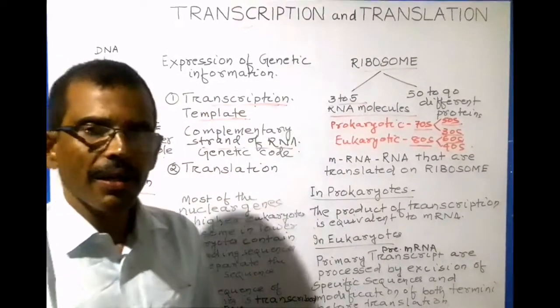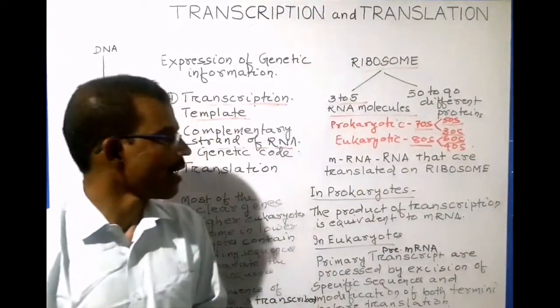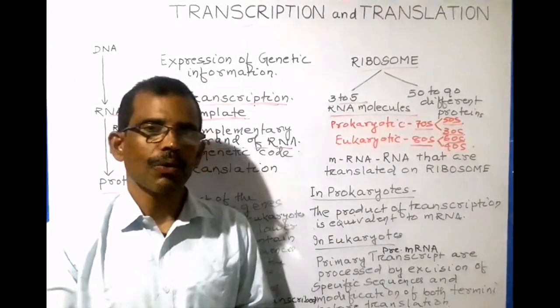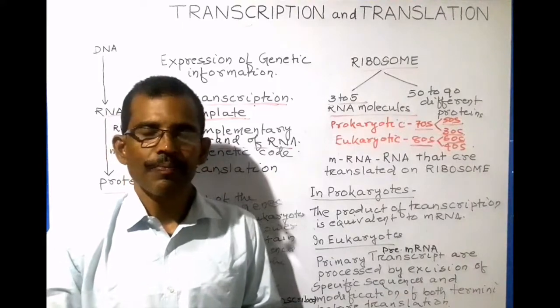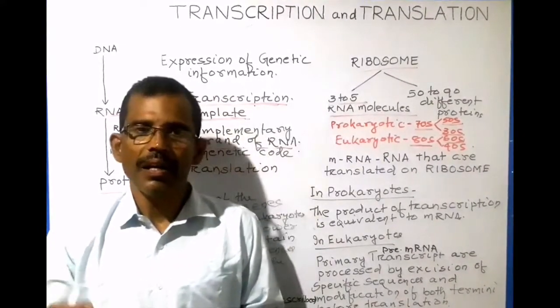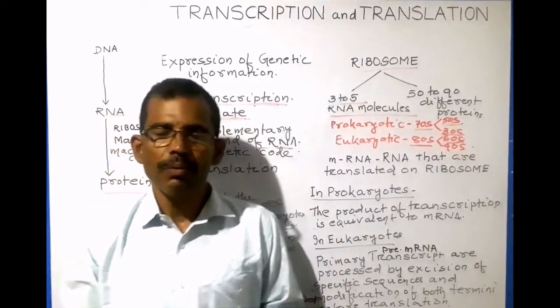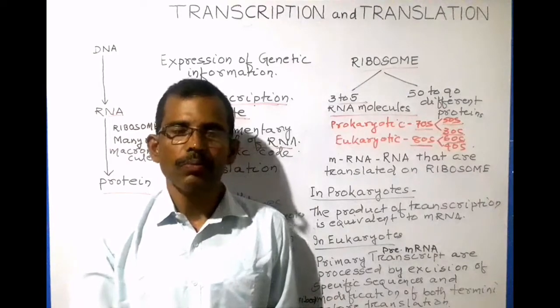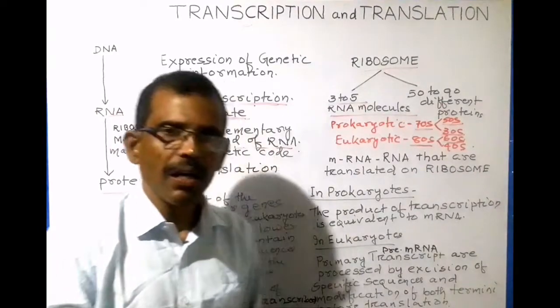What is mRNA? The RNA that are translated on ribosome are known as messenger RNA. As the name indicates, the messenger RNA carry the genetic information from DNA to the ribosome where protein synthesis occurs.